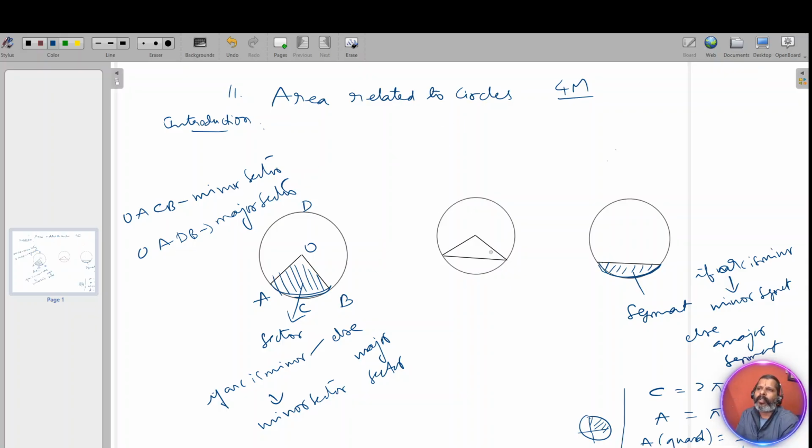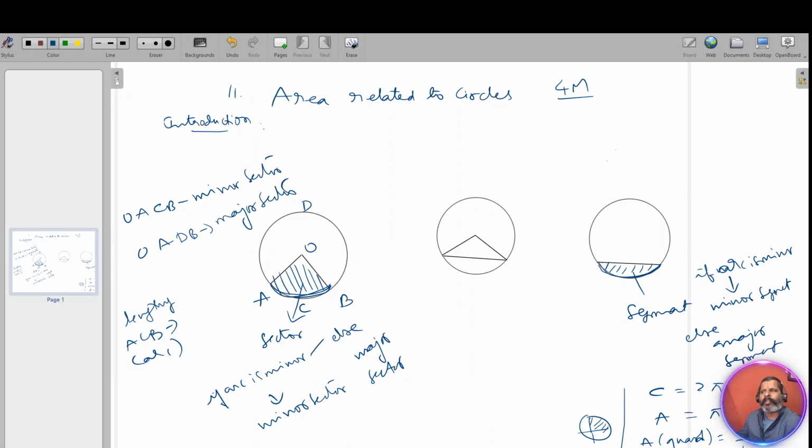Coming to this, if this is a sector, what is the length of ACB? ACB is an arc here. Remember, ACB is an arc. So length of arc, what is the formula? Length of arc is theta by 360 into 2 pi r.